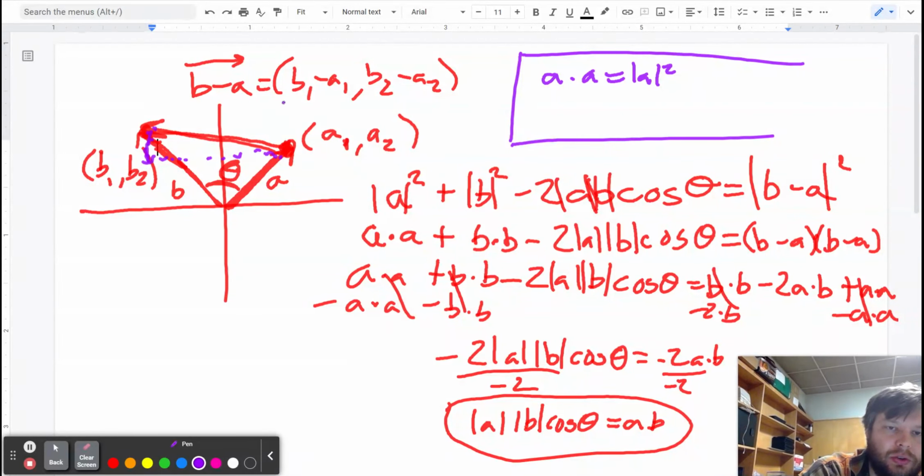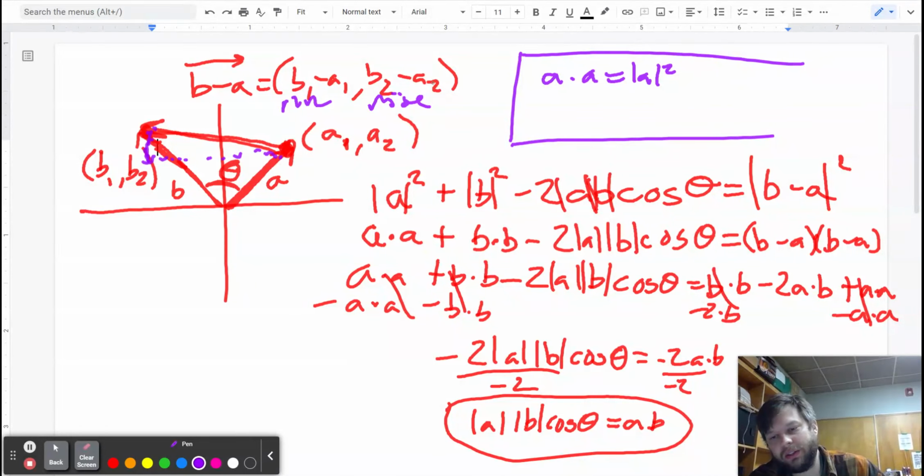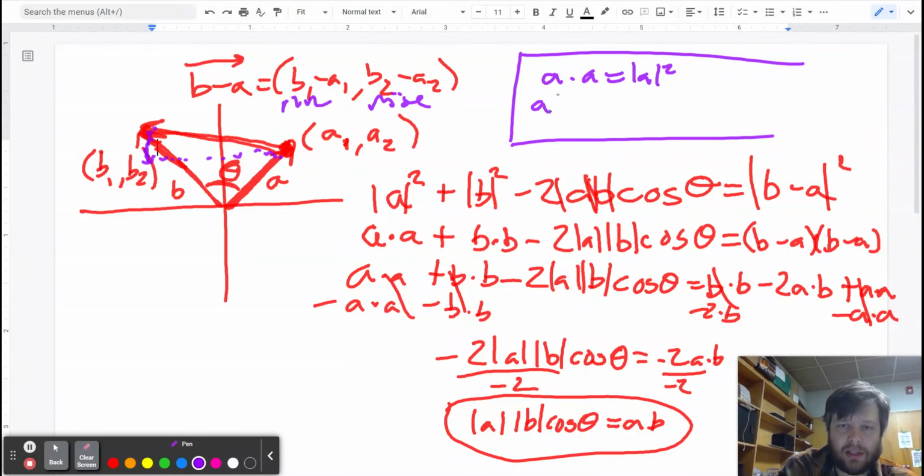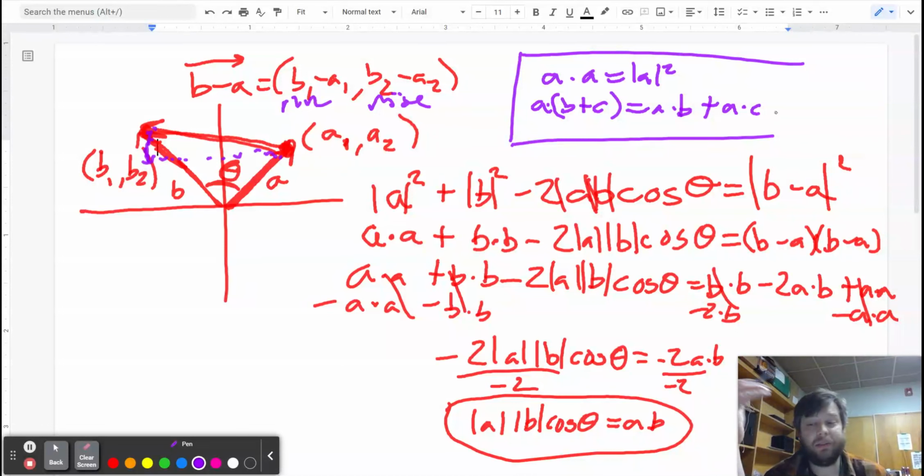Once you have that, you're just setting up the cosine rule, and using the two properties that I used. One was that a dot a is the magnitude of a squared, and the other is that you can distribute: a dotted with b plus c is a dotted with b plus a dotted with c. You can verify those properties for yourself just by writing down some vectors in terms of their components and performing the operations on either side of the equal sign and seeing that you get the same thing.